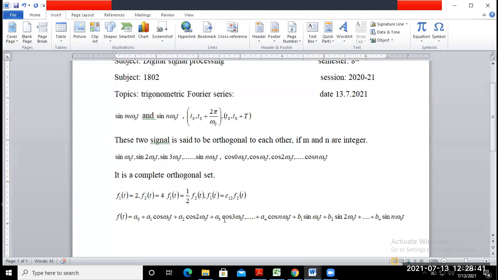So how can we represent this equation? Suppose this term is your constant term, so excluded, A naught plus summation of n equal to 1 to n, an cos n omega naught t plus bn sin n omega naught t. Is it not?